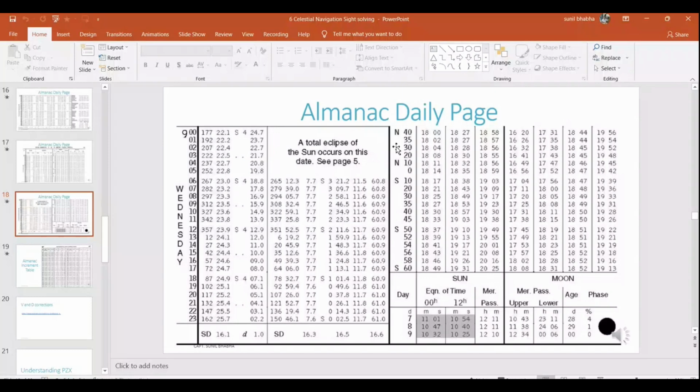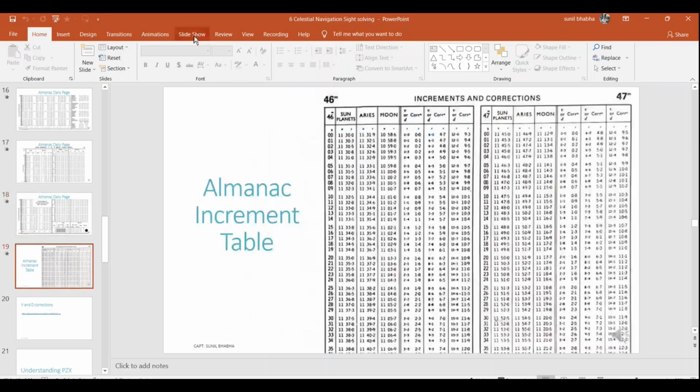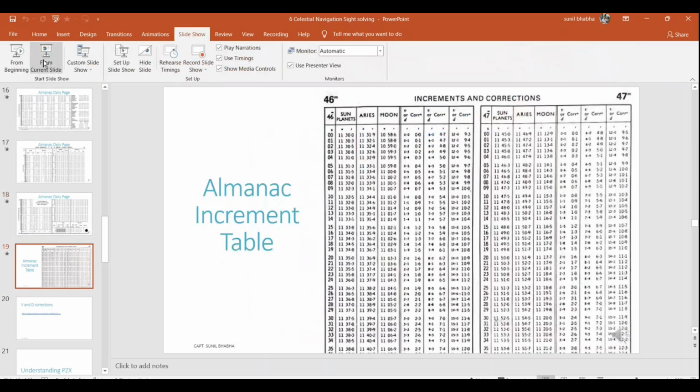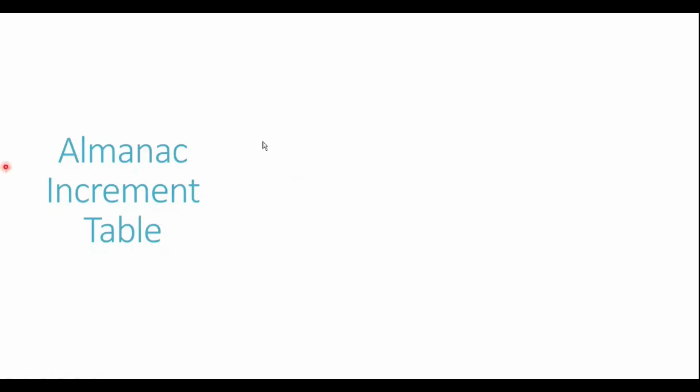So we had seen the information on the daily page. Let's now go into the increment table.